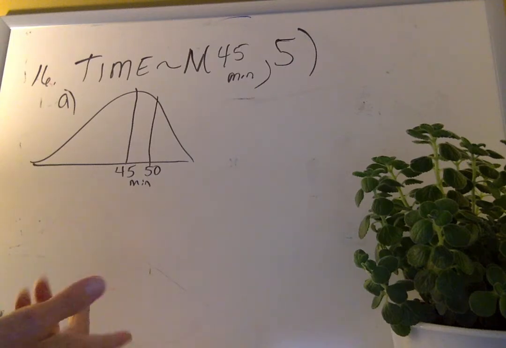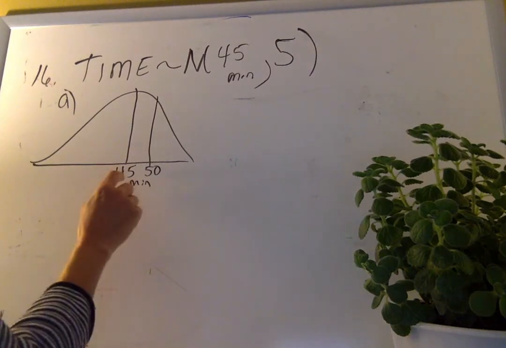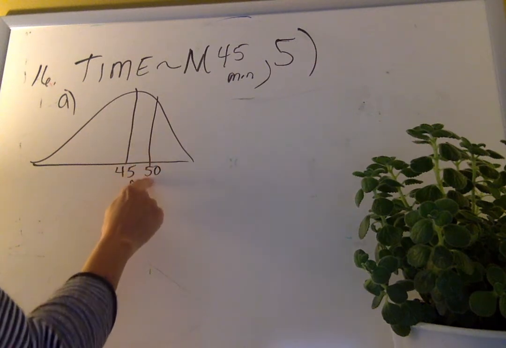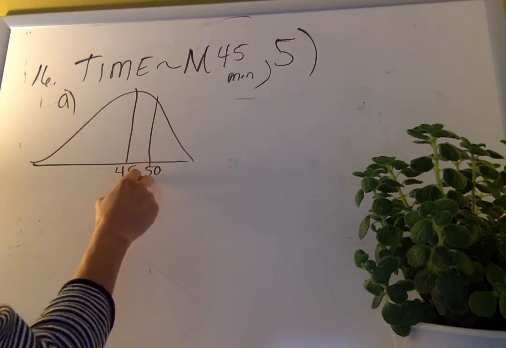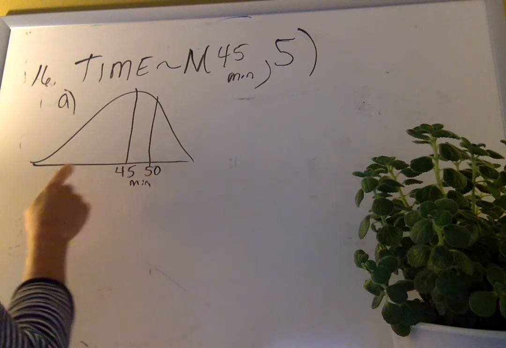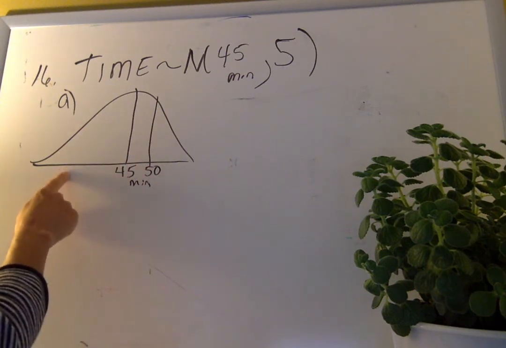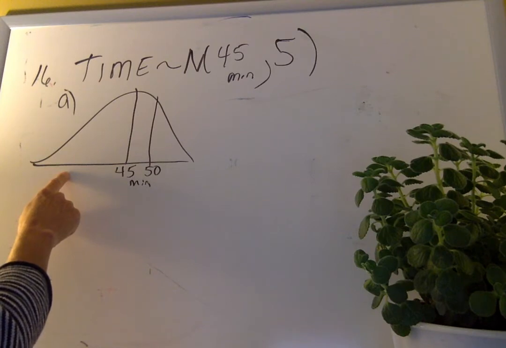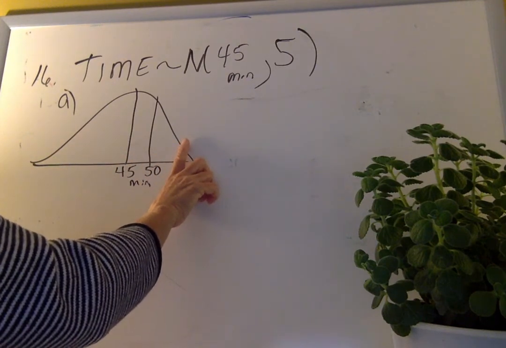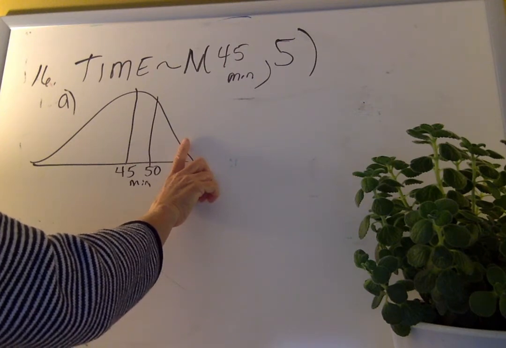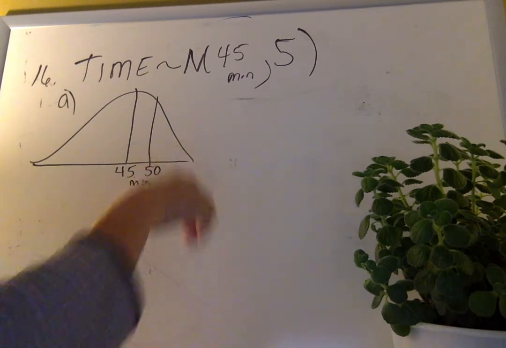Who cannot finish? Well, if 50 is allowed, so kind of think, when I give tests in the classroom, I usually allow 50 minutes. Who cannot finish? Well, what about a student who takes 10 minutes? Oh no, they were able to finish. They left early and went and got coffee, right? A student that took 100 minutes, no, they were not able to finish and they gave me a half blank paper.